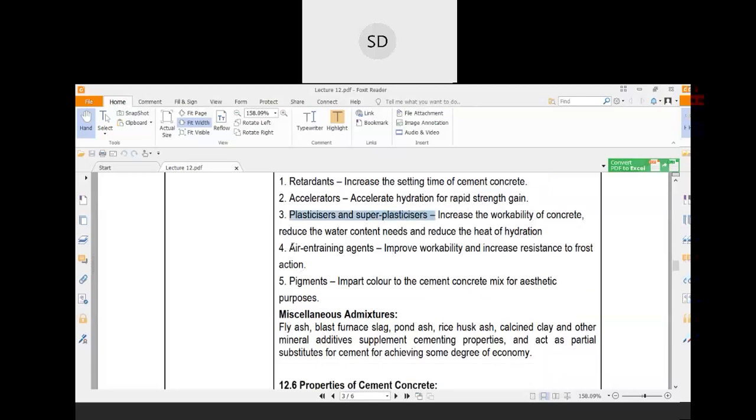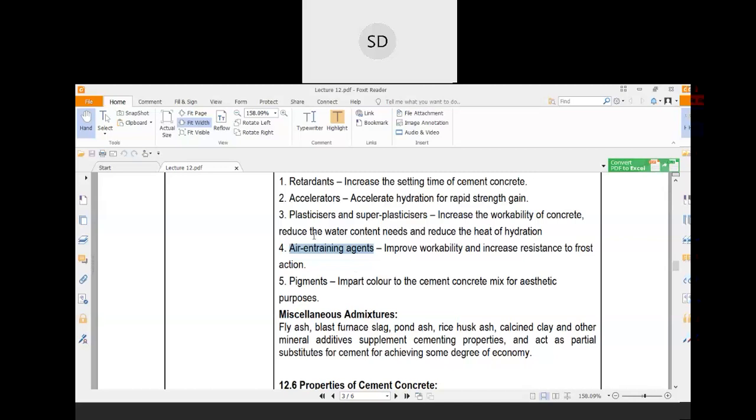Now, another important admixture is air entraining agents. These air entraining agents will also improve the workability and increase the resistance to frost action. Frost action means suppose you are building in a cold area, okay, where the temperature is 2 or 3 degrees or below that.